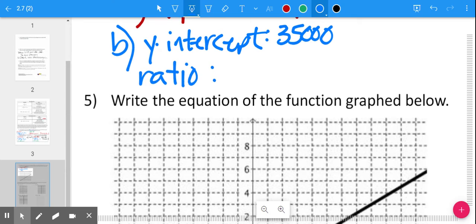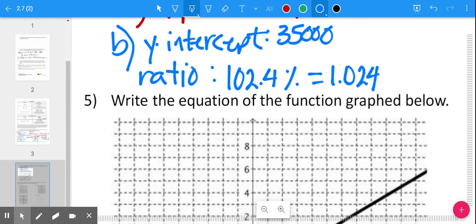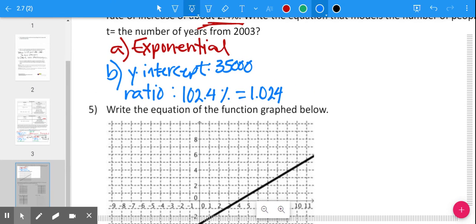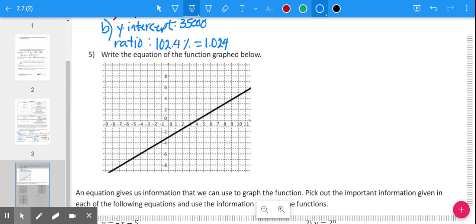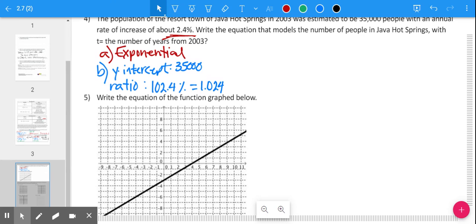Remember, 100% of the population stays plus an additional 2.4%. So we have 102.4%, which is equal to 1.024 as your multiplier. So again, 100% of the people are staying there plus an additional 2.4% each year.